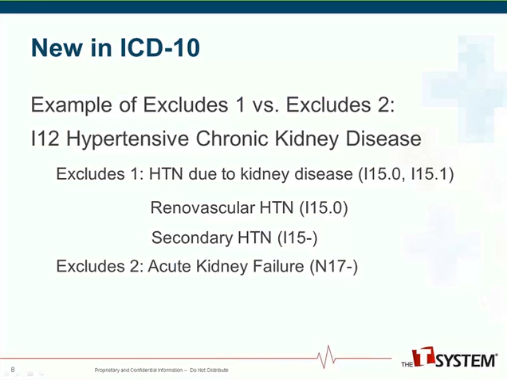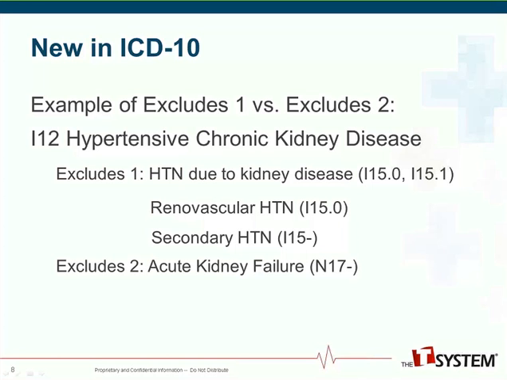What that list says is if your patient's condition is an I12, hypertensive chronic kidney disease, it's not proper to code any condition utilizing a code from I15.0 or I15.1. Actually, secondary hypertension is anything in the I15 category. So hypertensive chronic kidney disease and secondary hypertension essentially are mutually exclusive of each other.